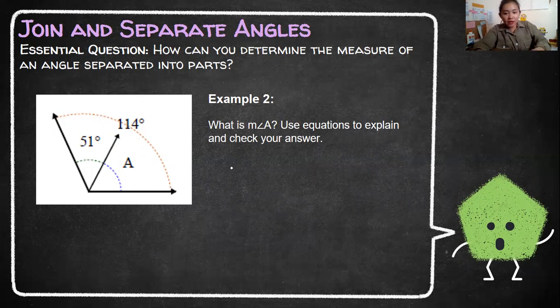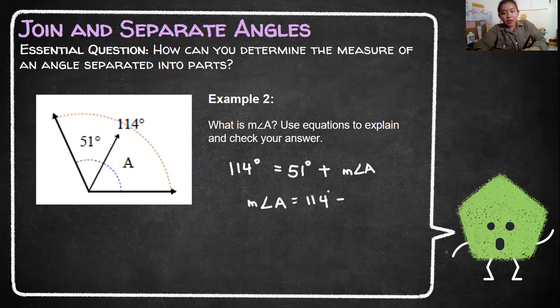So I will be writing down 114 degrees is equal to the combination of 51 degrees plus the measure of angle A. To solve for how much is angle A, we have to simply subtract 114 minus 51 degrees.